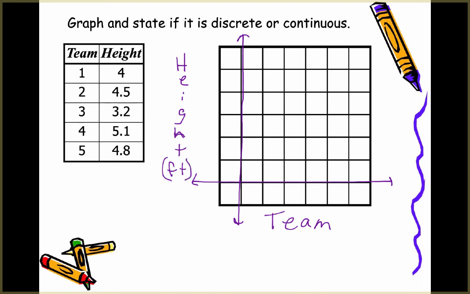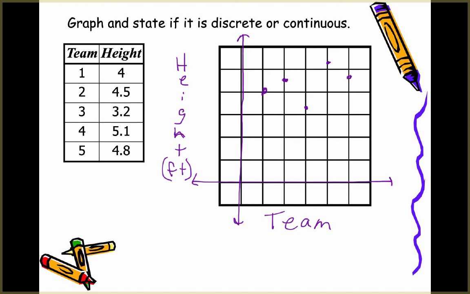When we do this, 1 goes to 4. 2 goes to 4.5. We'll just eyeball it, roughly 4.5. 3 goes to 3.2. 4 goes to 5.1. And 5 goes to 4.8. This is a graph of our function.